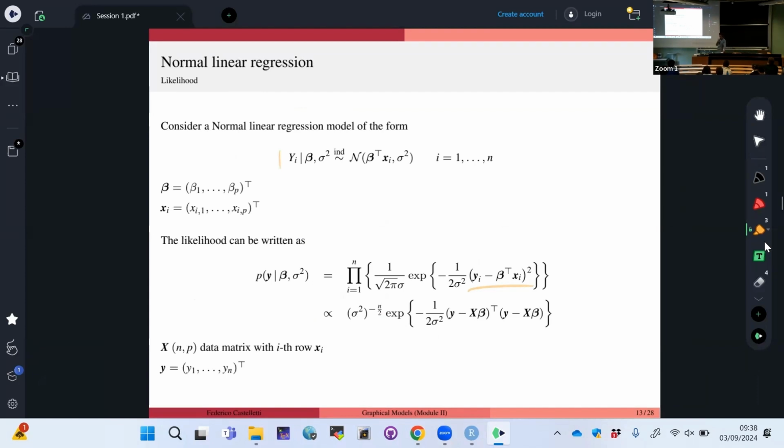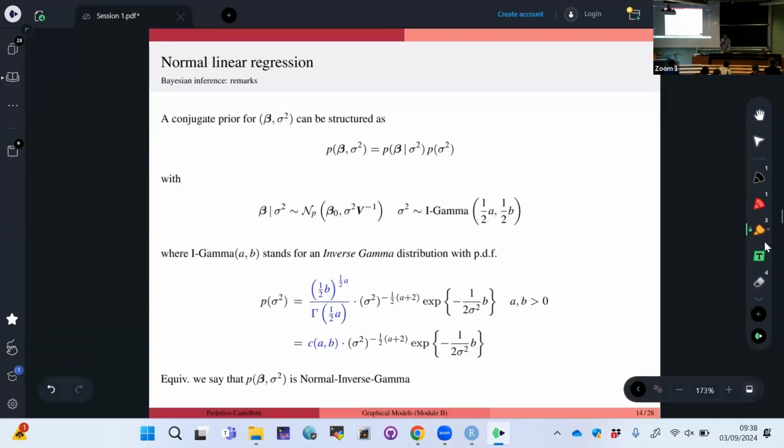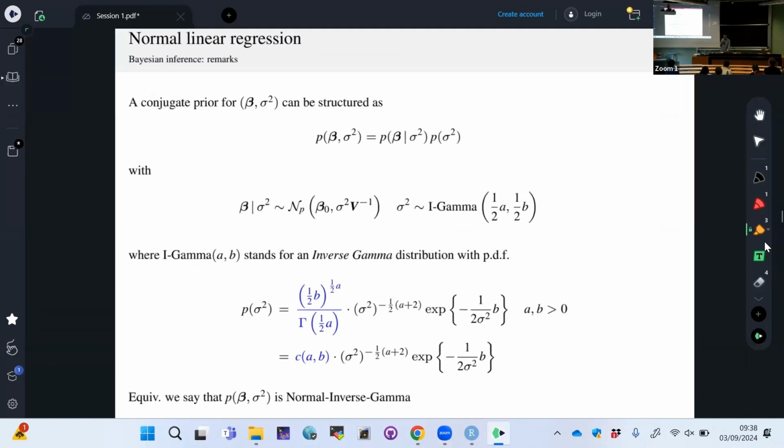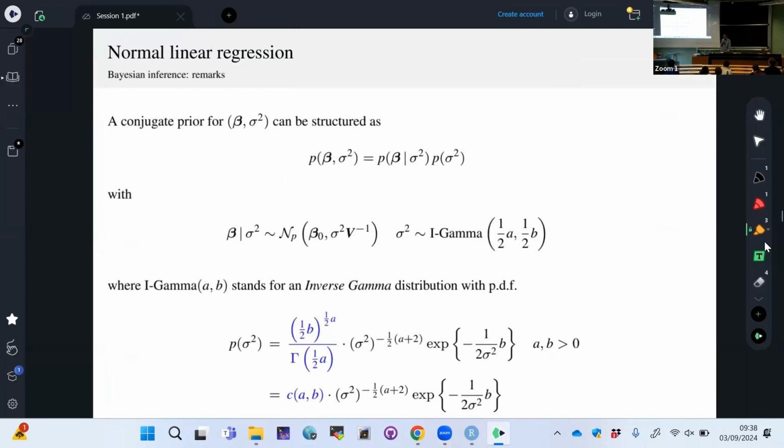But what about if you want to do Bayesian inference for a normal linear regression model? If we want to do Bayesian inference, again, we need to set a prior on the parameters, which are beta and sigma squared. Even in this case, we have a conjugate prior for our parameter, beta sigma squared. And if we want to achieve conjugacy, we need to structure the prior in the following way.